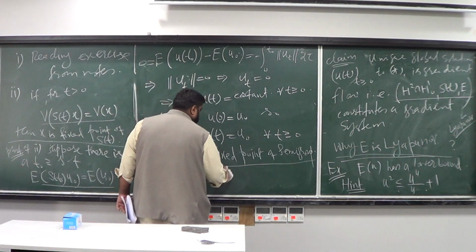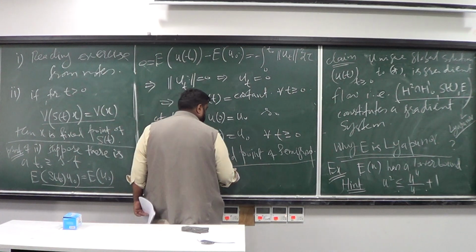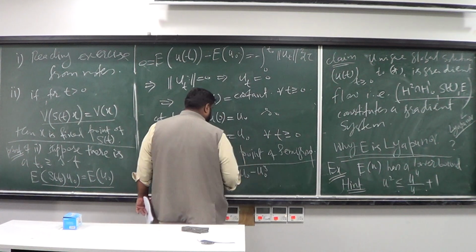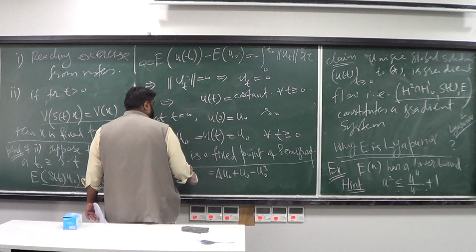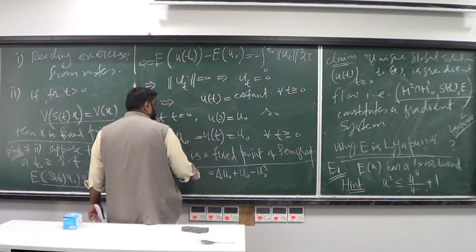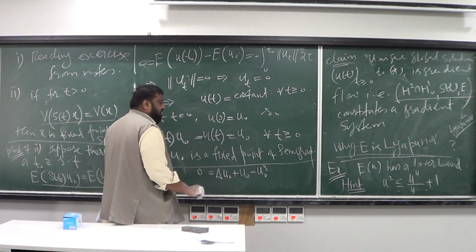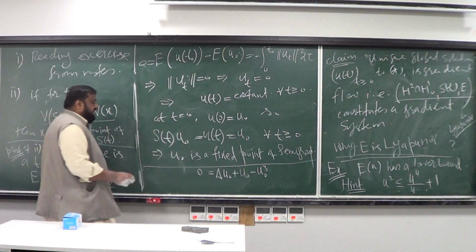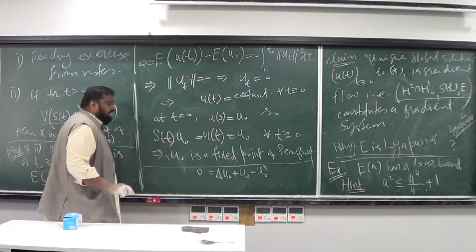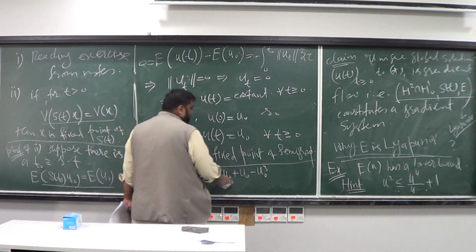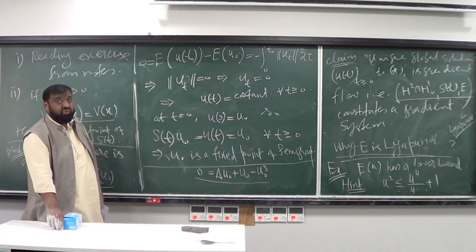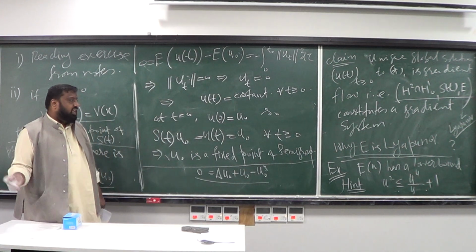So it's going to be the stationary version of it: delta u naught plus u naught minus u naught cubed is equal to u_t, or u naught t, which is equal to 0. So what does this show? That the fixed points of the semigroup are basically the stationary solutions of the evolution equation. Okay, stationary solutions of the evolution equation.